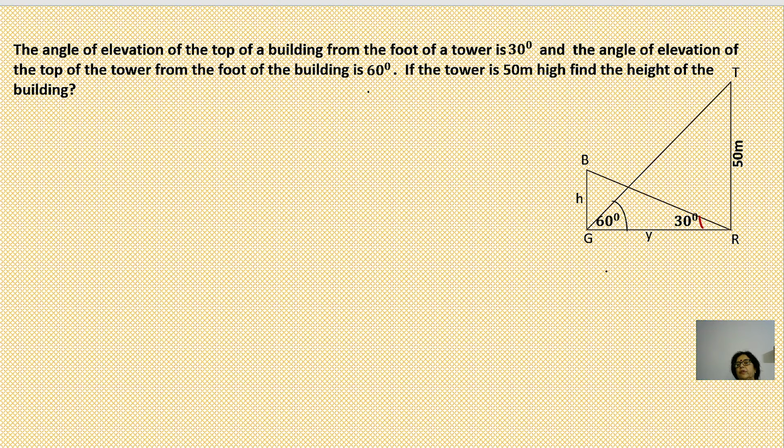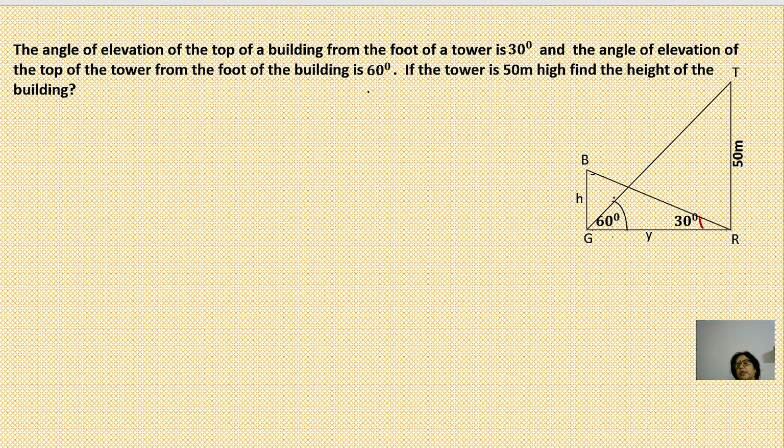So here we have to take the building and the tower and draw the figure in such a way that we represent the angle of elevation from the bottom of the tower to the top of the building, that is 30 degrees, and the angle of elevation of the top of the tower from the bottom of the building as 60 degrees. So the tower is 50 meters high. Now find the height of the building. So we have to find only h over here.